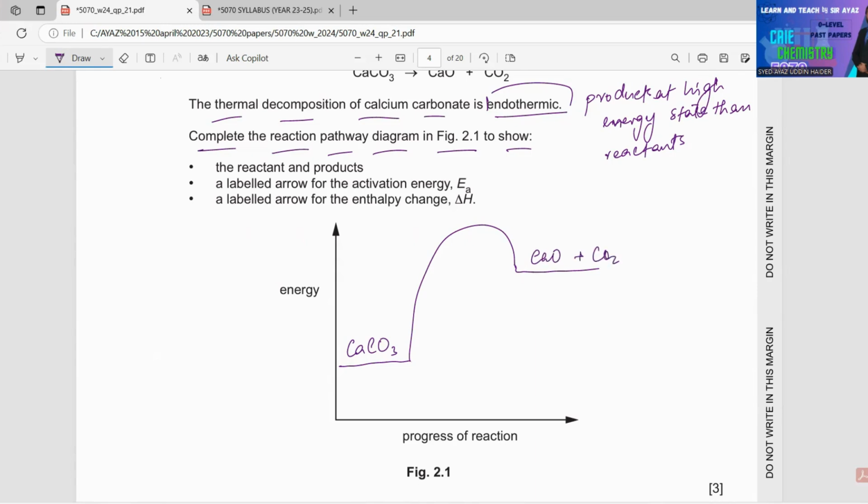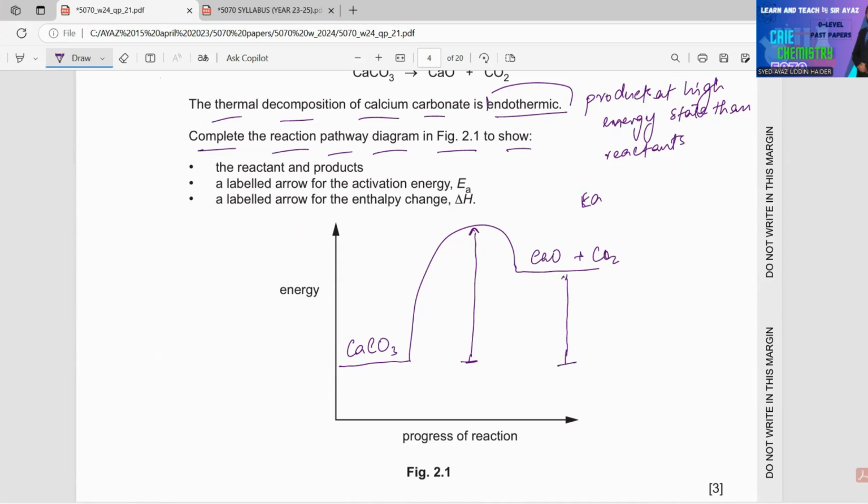Now they are saying label an arrow for the activation energy. This must be the activation energy starting from the reactant side and reaching the top of the hump. We represent it with EA. And delta H, that is the enthalpy change, must be between reactant and product.